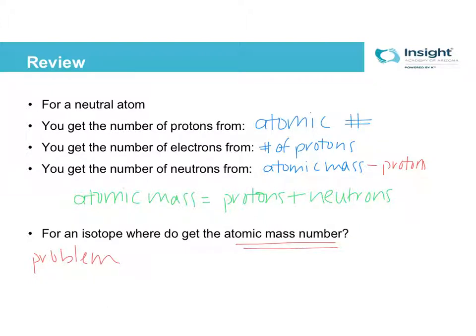Oftentimes it's written like carbon dash 14. And that 14, that's your atomic mass. So just remember if you see carbon 14 written down or calcium 42, you see that number written in there, remember that, oh yeah, I don't use the periodic table this time for the atomic mass, I'm going to use the number that's given to me. Okay?